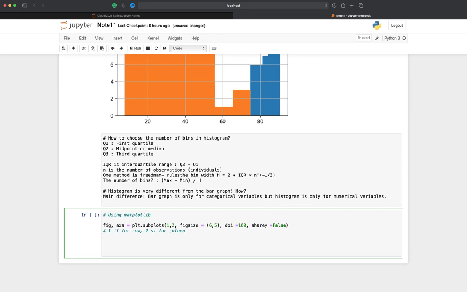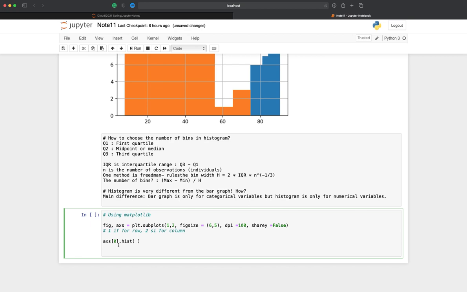Okay, so I created two axes. Now the first axis, which has index 0, we are going to draw a histogram for that. So look, I'm using the axis that I defined using PLT, which is the method in matplotlib itself, right?